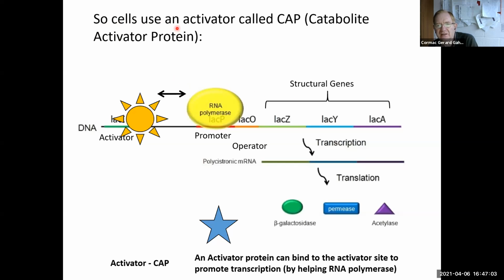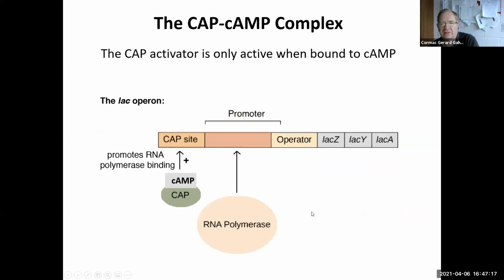Okay, so cells use an activator called CAP, catabolite activator protein, which is actually stimulated by cyclic AMP. And this stimulated CAP increases the expression of the structural genes.